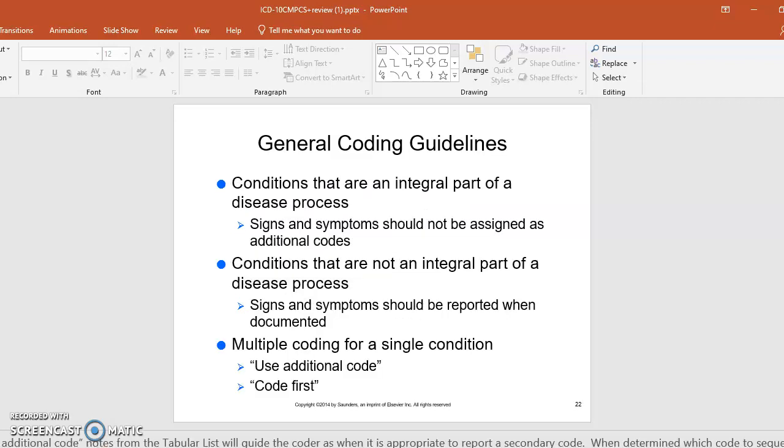Remember those rules on probable, suspected, rule out. So general coding guidelines: conditions that are an integral part of the disease process, signs and symptoms, should not be assigned as additional codes. So if we have chest pain and the patient ends up being diagnosed with a myocardial infarction, chest pain should not be coded.